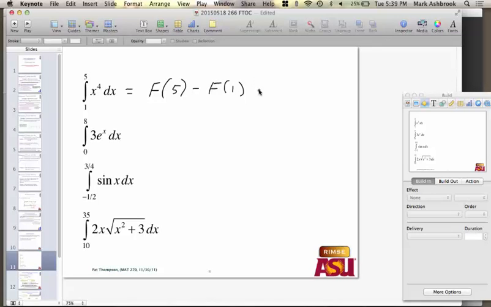What's the antiderivative of x to the fourth? 1 over 5, x to the 5, okay? So now, this notation means exactly the same thing as this. It means plug 5 in, plug 1 in, and subtract. So it's just a compact notation, meaning plug 5 into that antiderivative, plug 1 into that antiderivative, and subtract.